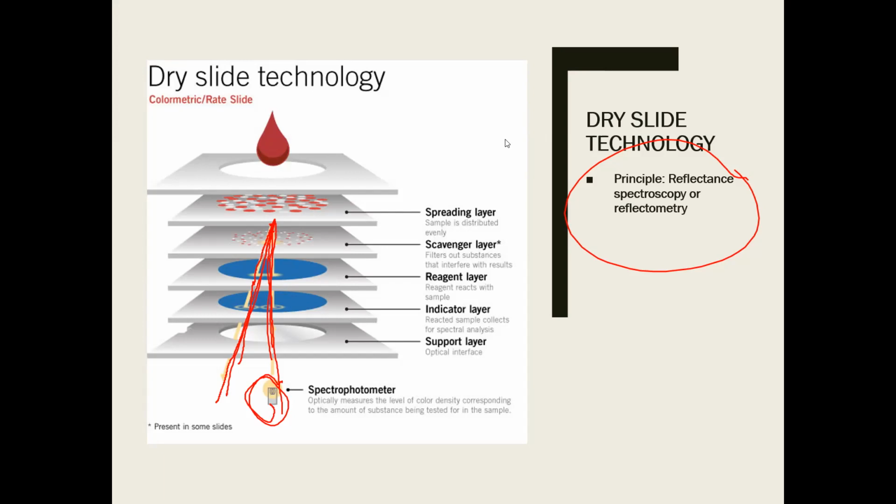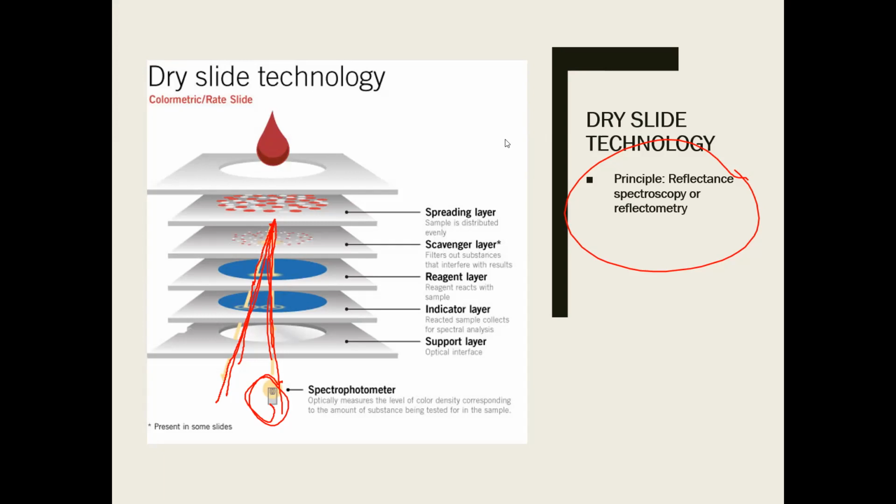Again, the spreading layer is where the sample will be placed. The scavenger layer is where interferences will be removed. The reagent layer contains the reagent or chemicals that we are going to use. The indicator layer is where the sample undergoes the spectral analysis.